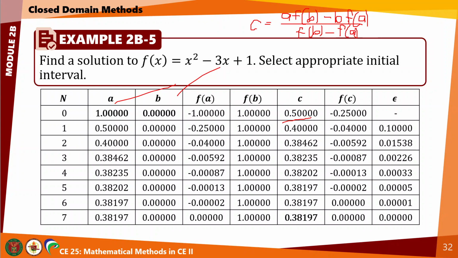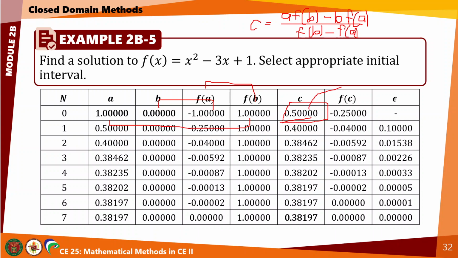Sa product nito. We get the product of these 1 and 1 minus product nito, 0 and negative 1. So we get 1 minus 0, so 1 over f of B minus f of A. So 1 minus negative 1, so that's 2. So 1 over 2, 1 half or 0.5. Tama naman itong point na to. That's the regular falsi point sa first iteration natin.